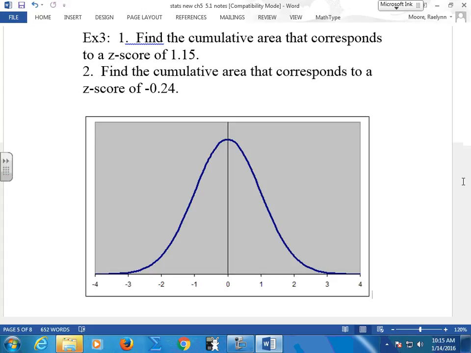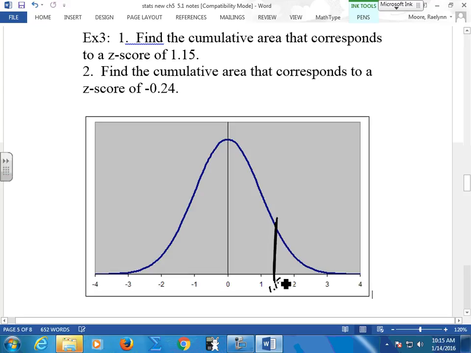Anything but that. So if I'm looking for this guy, I want to find the corresponding area, the area that corresponds to 1.15. Here's my 1, here's my 2. 1.15 probably falls in here somewhere. Here's my standard deviation. I want the area to the left.